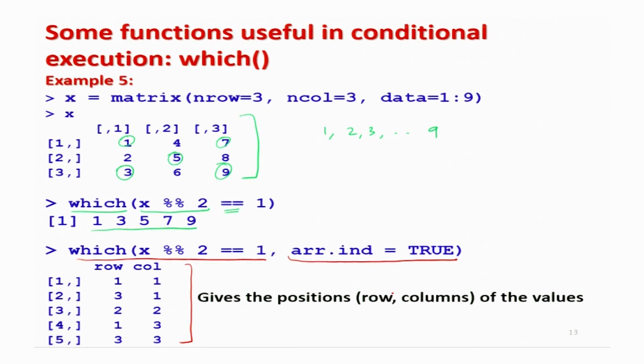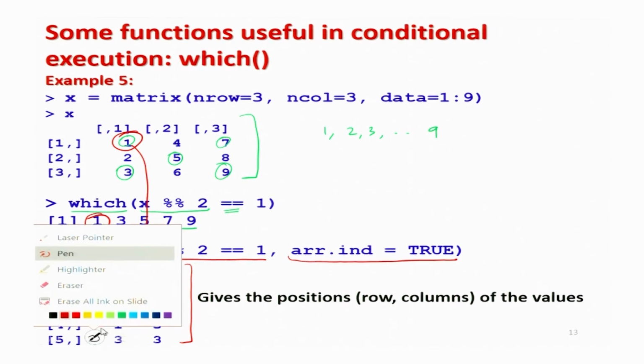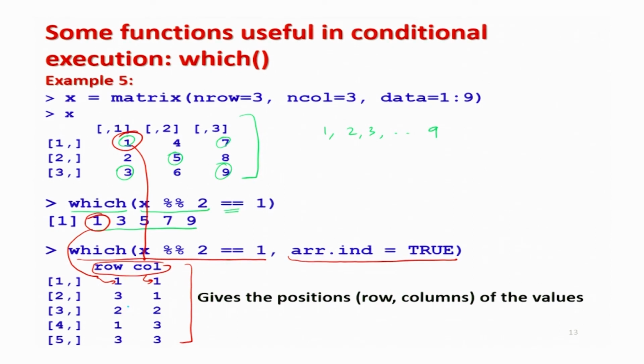It is trying to show you that the first outcome which is odd is the value 1, and the 1 is occurring at row number 1 and column number 1, and you can see here this is here like this. And similarly, if you take one more example, suppose I take the third value here, which is 5. So, where is this 5 occurring? This is occurring at row number 2 and column number 2.